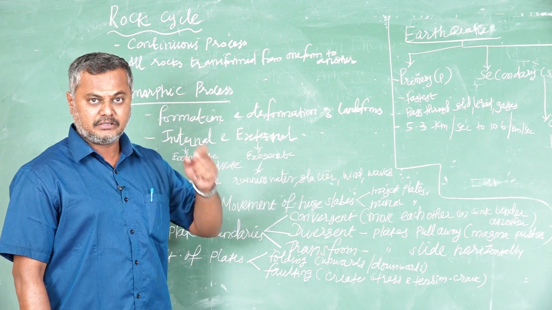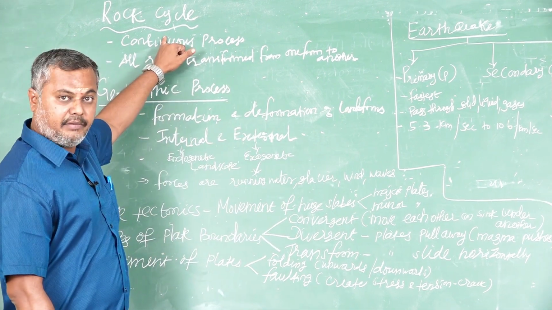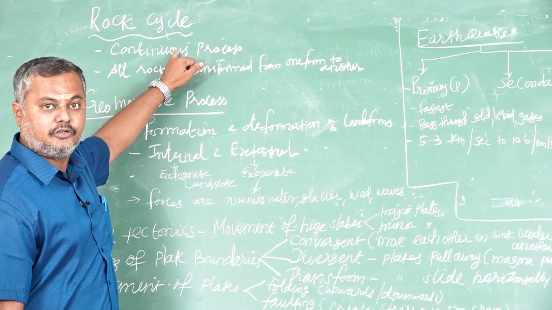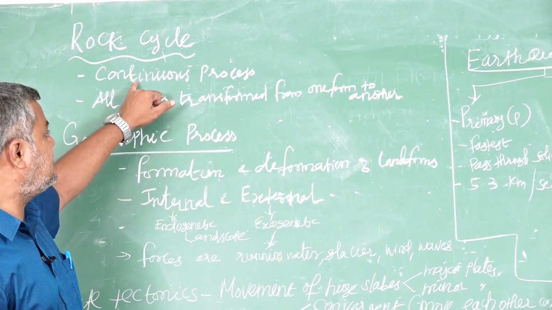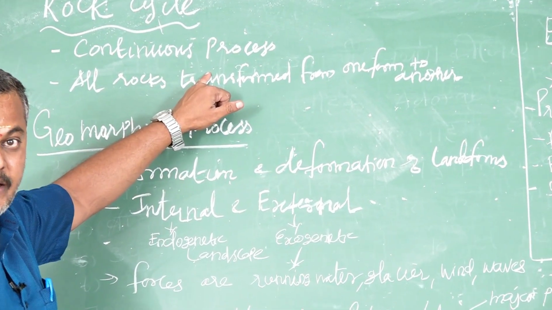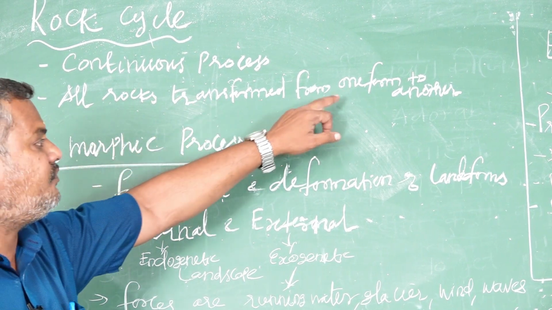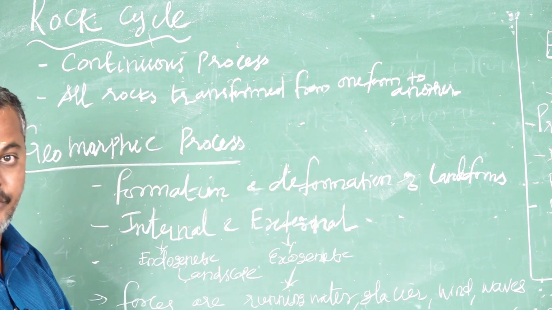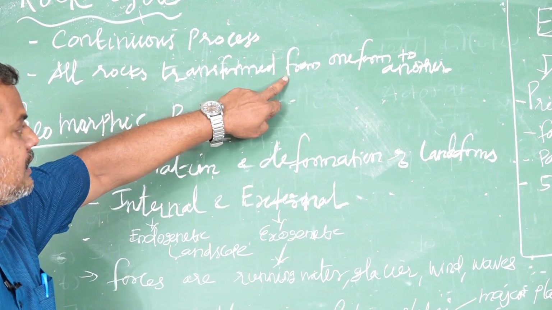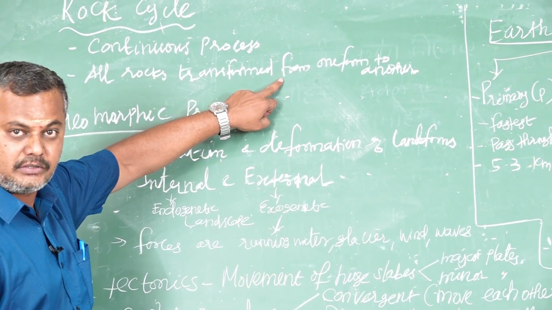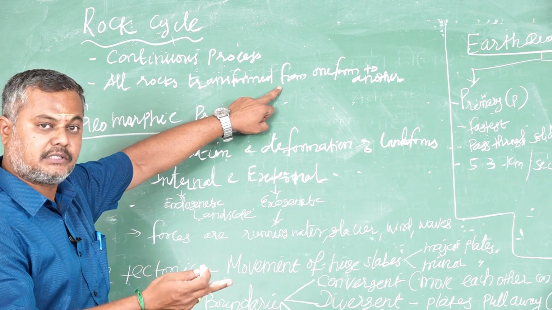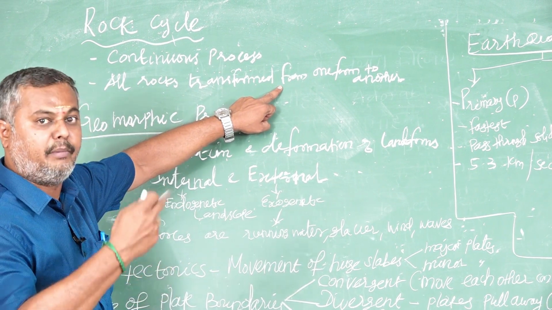So this is called the rock cycle: primary to secondary, secondary to tertiary. Generally, it is a continuous process, and all rocks are transformed from one form to another. From parent rock, igneous rocks, to sedimentary rocks, and then sedimentary rocks to metamorphic rocks.